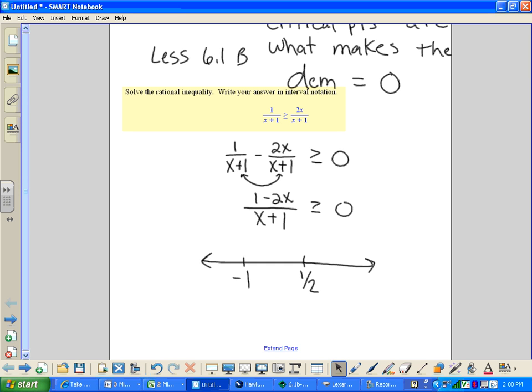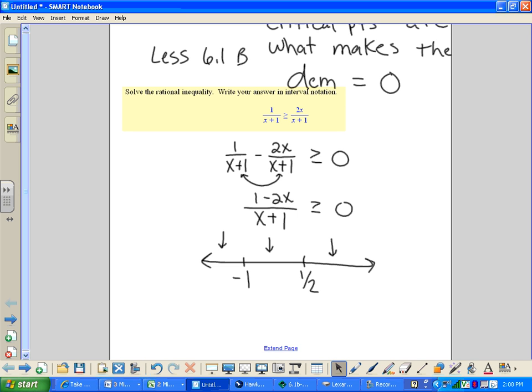Okay, now here actually comes the solving process. To solve the rational inequality, we're going to pick numbers that are in these three intervals. Since I had 2 critical points, that's going to divide it up into 3 intervals. Of course, the more critical points we get, the more intervals we would have to test.